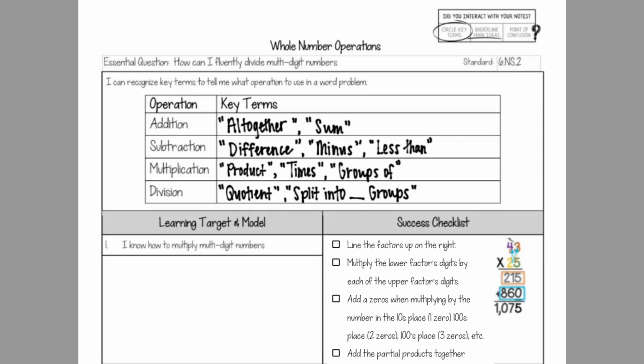I'm going to start with an example, 201 times 12. I want to line up my factors on the right. So as you can see in the example, they're lined up on the right-hand side.